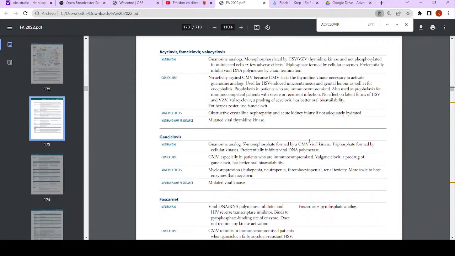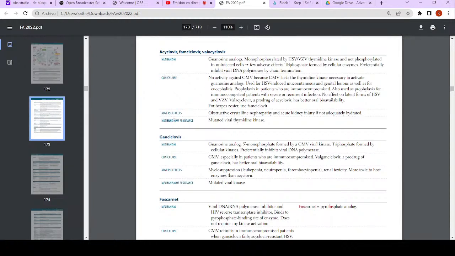Mechanism: guanosine analogs are monophosphorylated by the thymidine kinase and are not phosphorylated in uninfected cells. Few adverse effects. Then the monophosphate becomes triphosphate, and then inhibits the viral DNA polymerase.